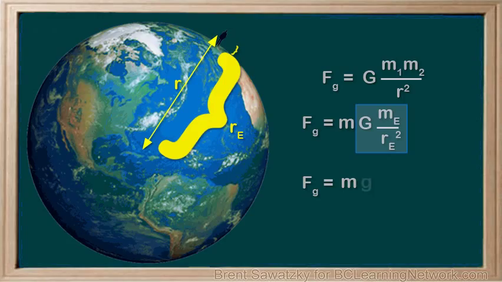Let's call this other number little g. Lo and behold, we have a new equation. Fg equals m little g. A much simpler equation than our general formula. This will make calculations much easier, and if we're talking about items near the Earth's surface, any error will be negligible.